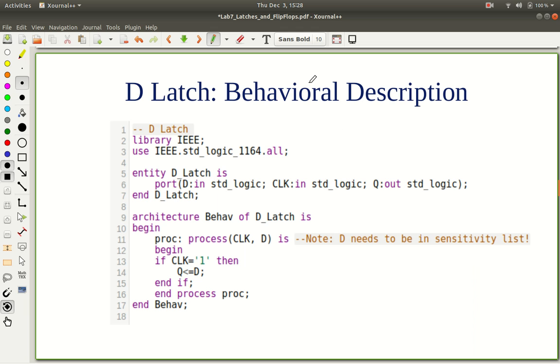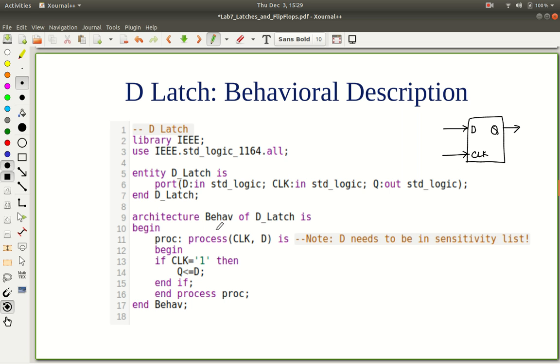So using this understanding of a process block, let's write the behavioral description of a D-latch. Our latch has the inputs D of type standard logic, clock of type standard logic, and a single output Q. So this is the interface, and the behavior of the D-latch is as follows.